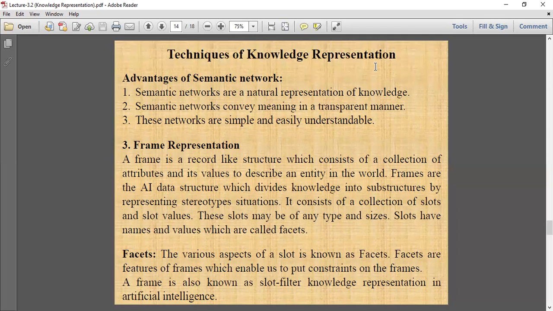These slots may be of any type and size. Slots have names and values which are called facets. Facets, the various aspects of a slot, are known as facets. Facets are the feature of frames which enable us to put constraints on the frame. And a frame is also known as slot-filler knowledge representation in artificial intelligence.